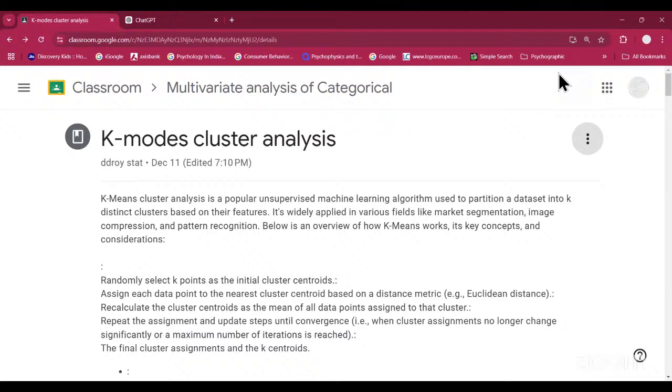So based upon that, you can find out to what extent one data is close to another data, which we usually follow in the case of hierarchical cluster analysis.